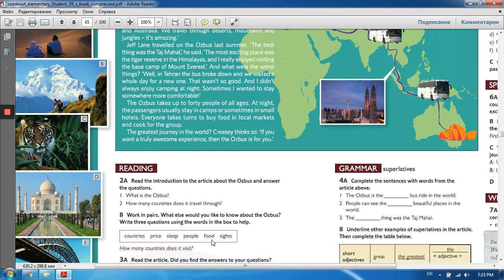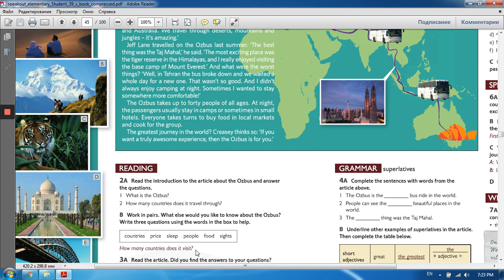One of these words they have used in their sentence: how many countries does it visit? So let's ask 3 questions. For example, let's ask like that. Our first question is, what is the price of the travel? The second question, what kind of people can travel?